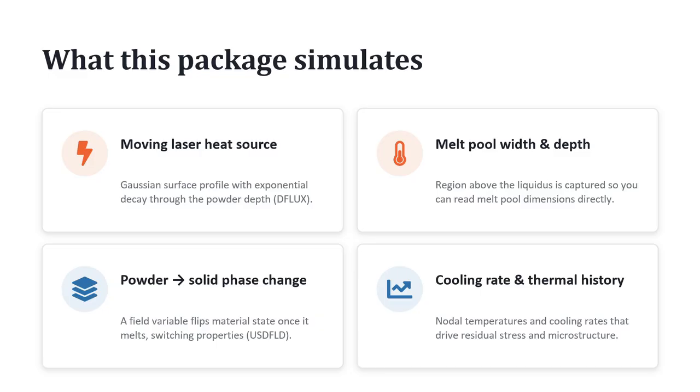Third, the powder to solid phase change. A field variable flips the material state once it melts, switching the material properties using USDFLD. And fourth, cooling rate and thermal history: nodal temperature and cooling rate that drive residual stress and microstructure.